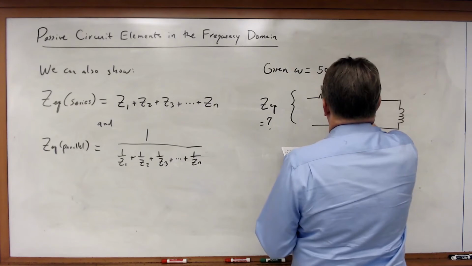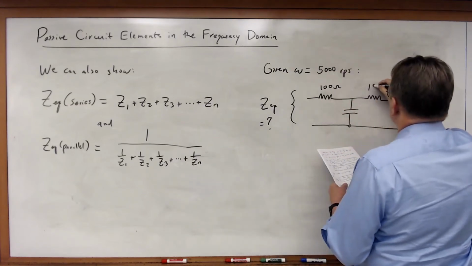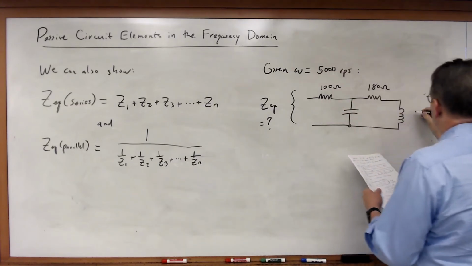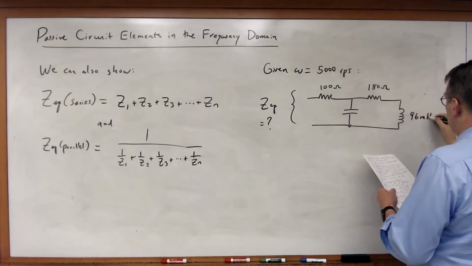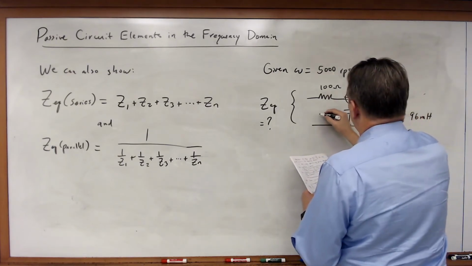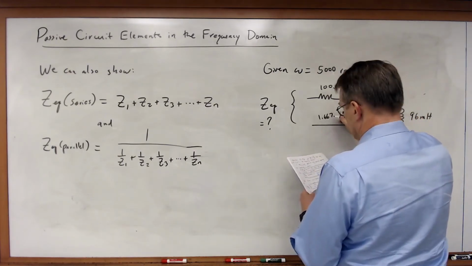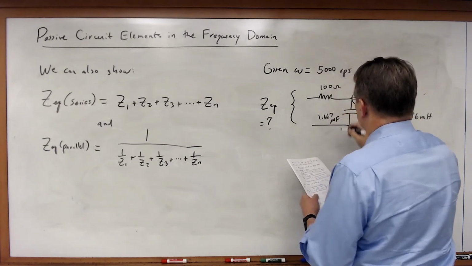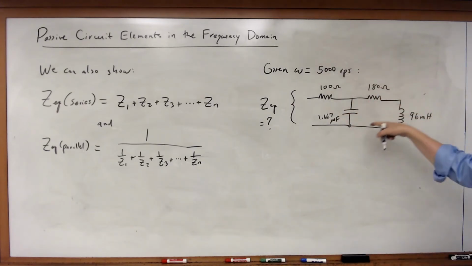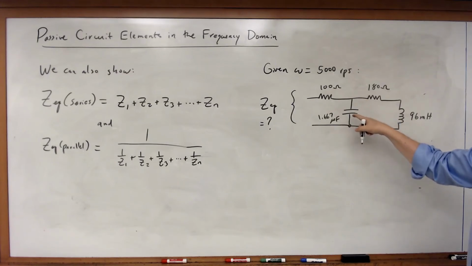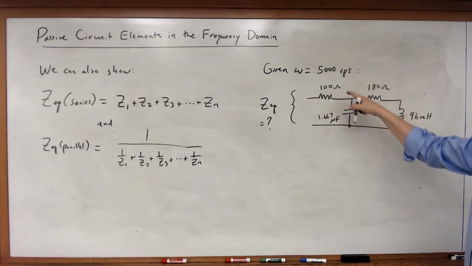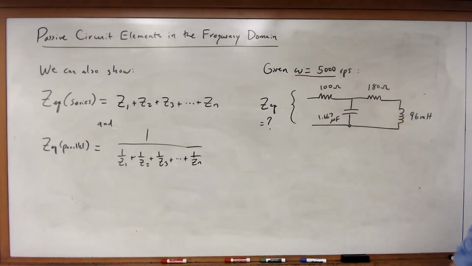This is 100 ohms. This is 180 ohms. This is 96 millihenries. This is 1.667 microfarads. I want to find the equivalent impedance for this network of elements, given that omega is 5,000 radians per second.